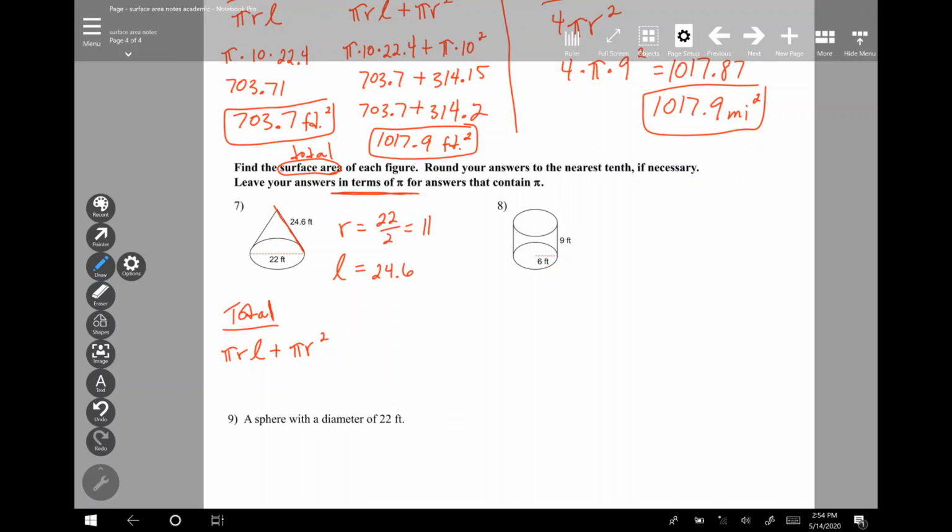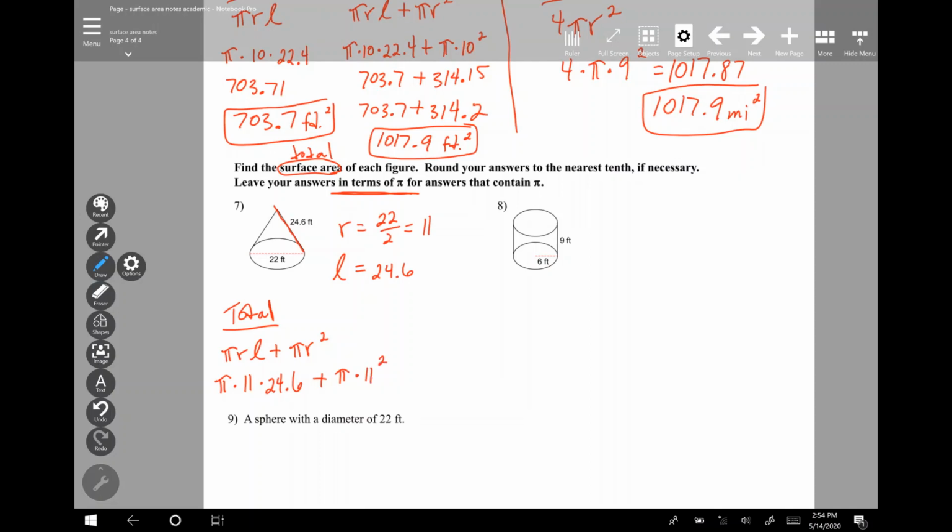Just make note, if the line goes all the way across, divide by 2. If it goes only halfway, like in our cylinder, you've already got the radius. Just remember that distinction. So let's plug in: pi times 11 times 24.6 plus pi times 11 squared.